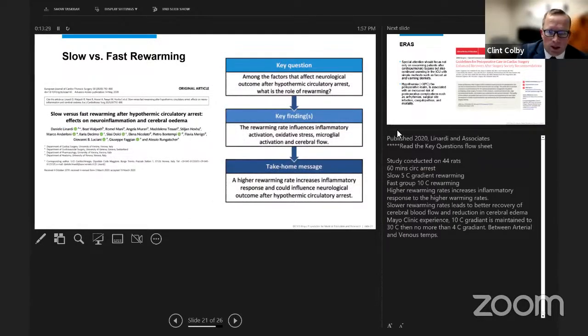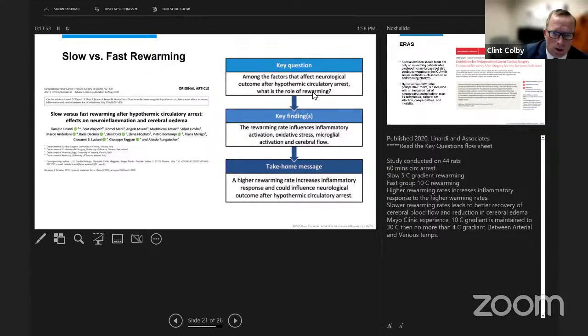This is a confirmation of the standards and guidelines touching on warming. This was a rat study, and it was published in 2020 by Lenardi and Associates. It's among the factors that affect neurological outcome after hypothermic circulatory arrest.